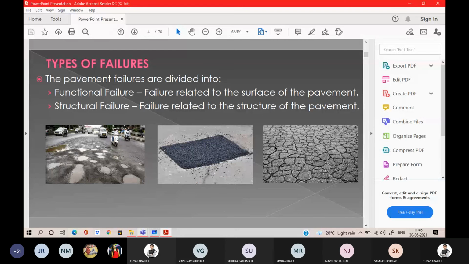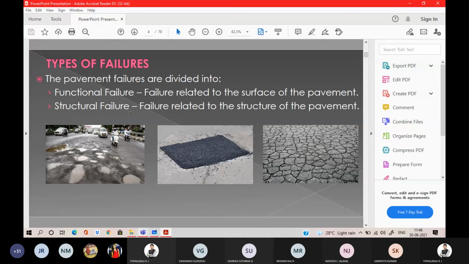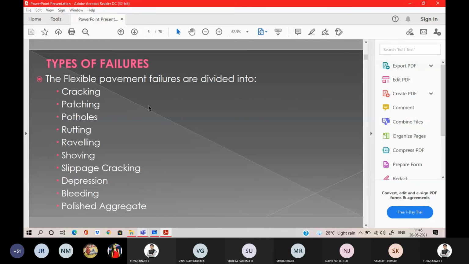You have to write this, and again you can write by bifurcating. A functional failure is related to surface, that is distresses you can write, or structural failure, that is deflection. If you have written both answers, it will be okay.